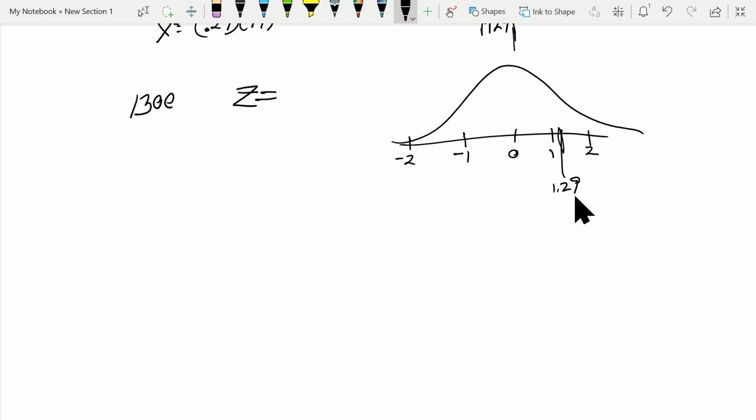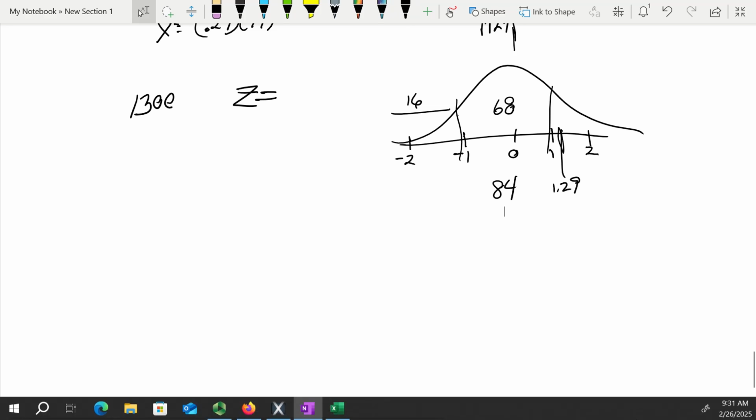Approximately, what's the percentile? Normal distribution, 95 here to there, 68, 1 to minus 1. I've got 68 here, and this is 16 because it's half of what's left. This is 84. This score has to be in at least the 84th percentile.